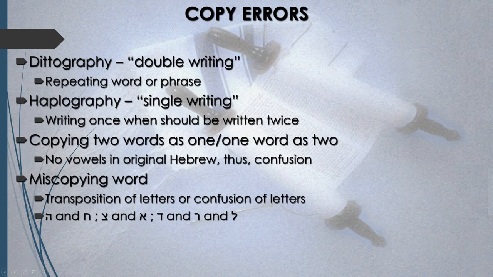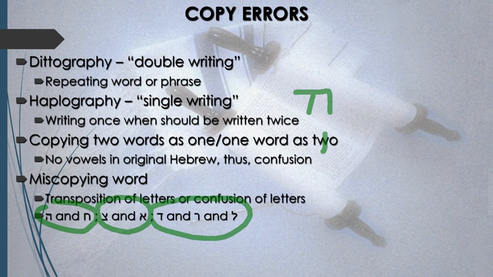So here, let me get there, we go. Here you can see some letters on the text that are shaped similarly. You've got hey and chet, and the difference between them is one is connected here and the other is not. It has the little bit of space there.